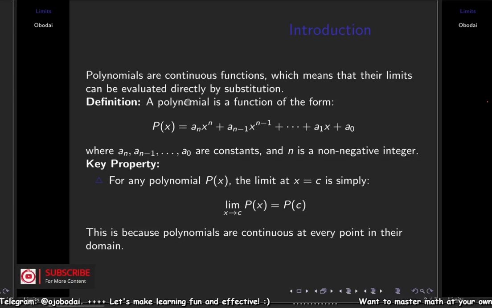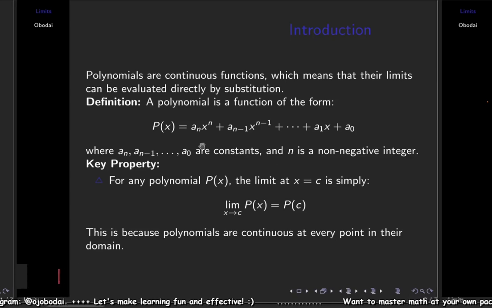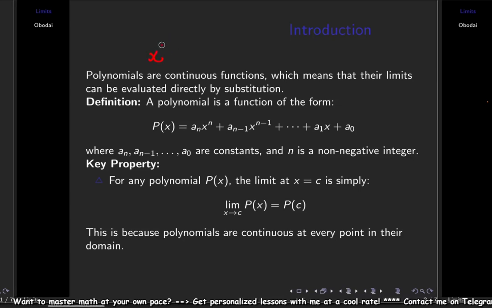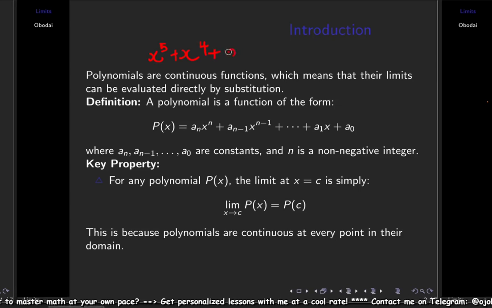When we say polynomials, what are polynomials? Polynomials are simply functions of this form over here. I wouldn't go into it because this is a limits video. I wouldn't be treating polynomials, but just to take a quick review, any function that is written in the form x to the power, let me start from 5, so x to the power 5 plus x to the power 4 plus x to the power 3, and then going on and on.